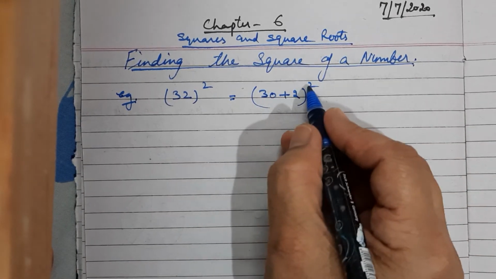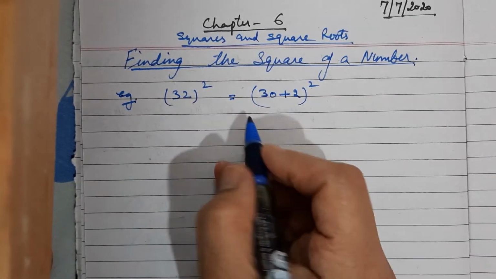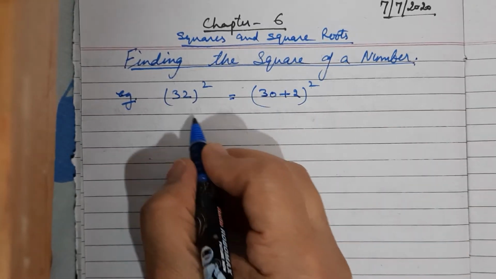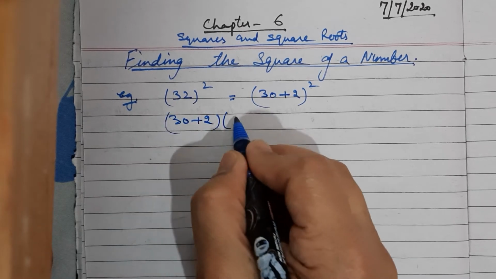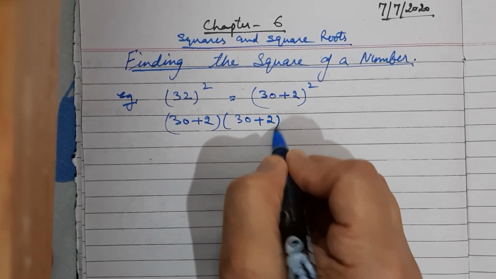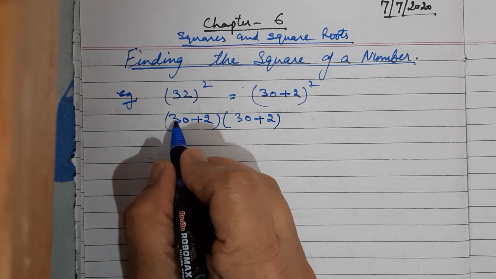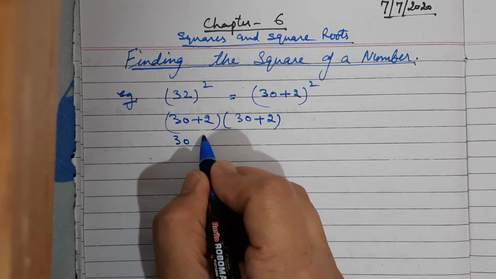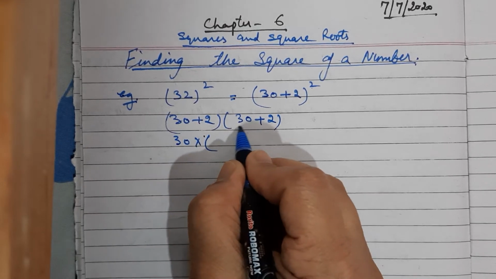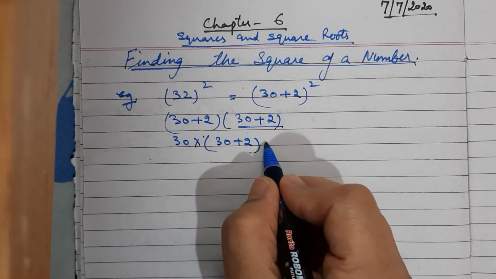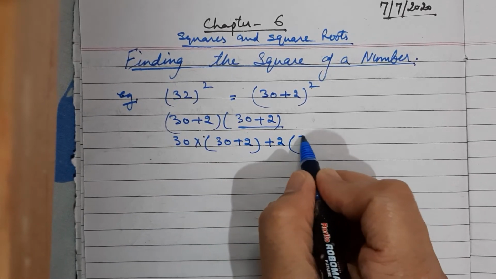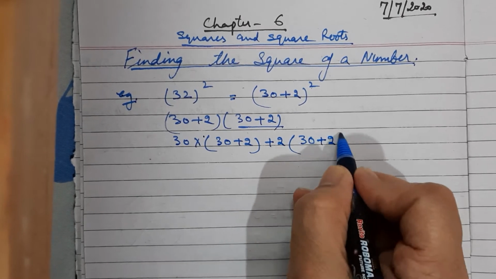Now, we already know that the square of a number is that number multiplied by itself. So here it will be 30 plus 2 multiplied by 30 plus 2. Take 30 first and multiply it by the second bracket, 30 plus 2, and then take plus 2 and multiply the second bracket again.